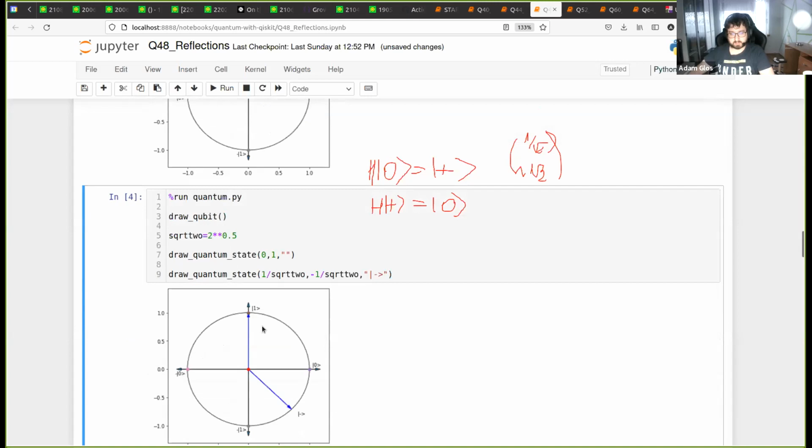And similarly, it does it for minus and 1. So from this, you can see that the reflection line looks like this, so that we have here pi over 4. This is exactly how this Hadamard gate works.